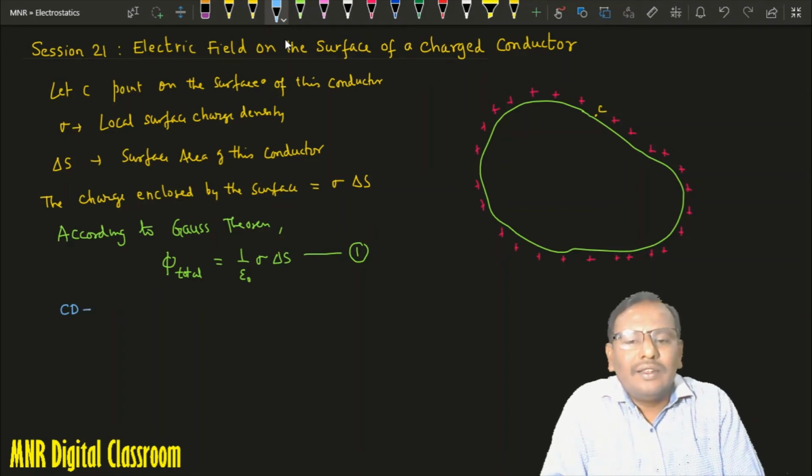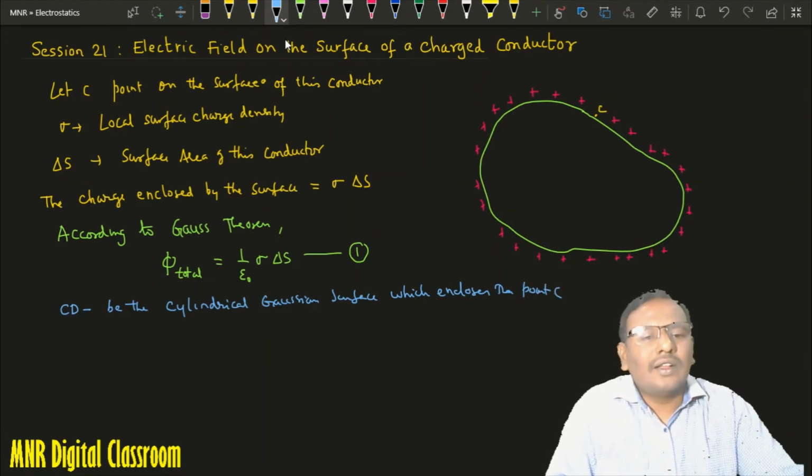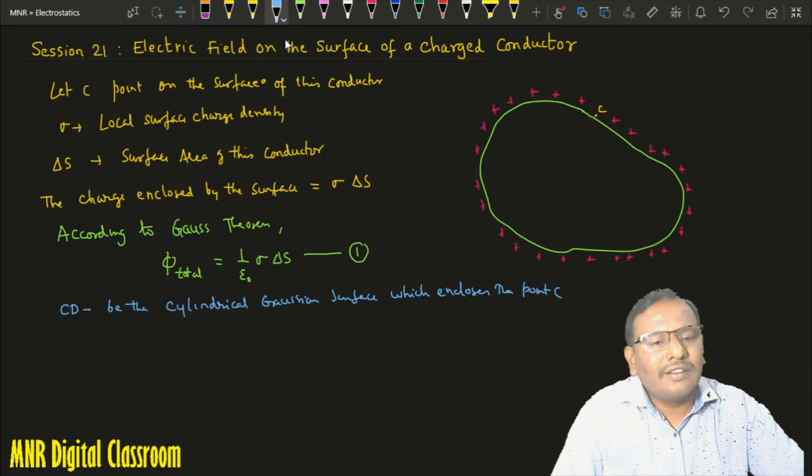Let CD be the cylindrical Gaussian surface which encloses the point C. So let us draw the Gaussian surface in the form of a pillbox.